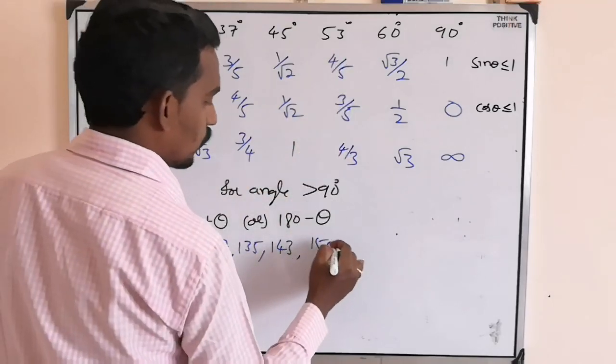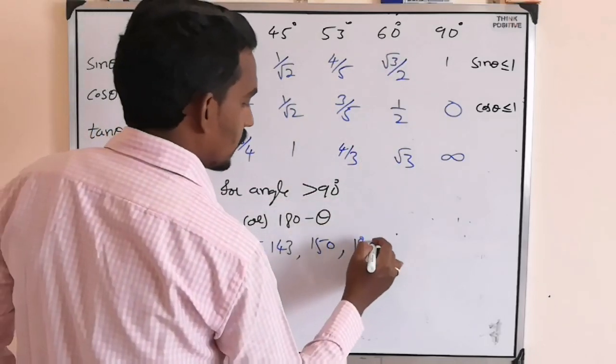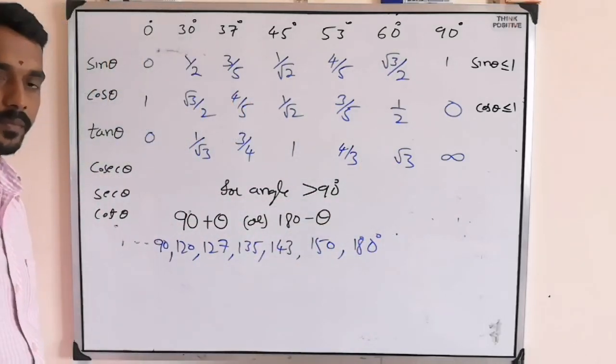Then 90 plus 60, 150. 90 plus 90, 180 degrees.